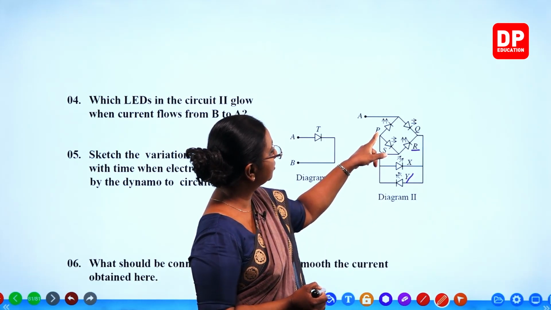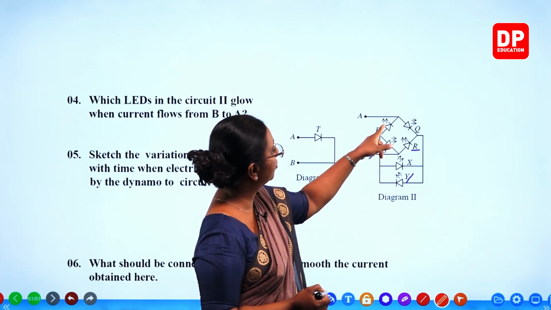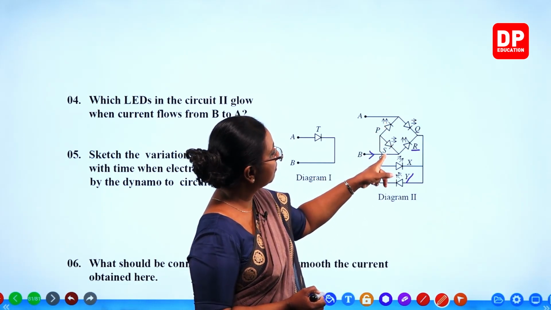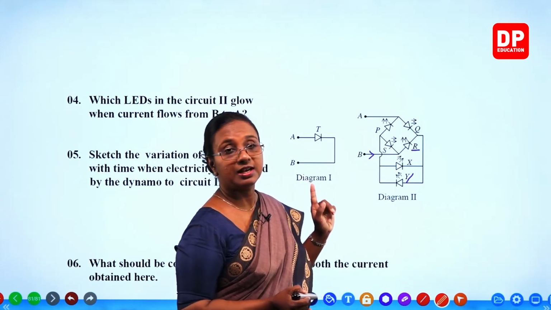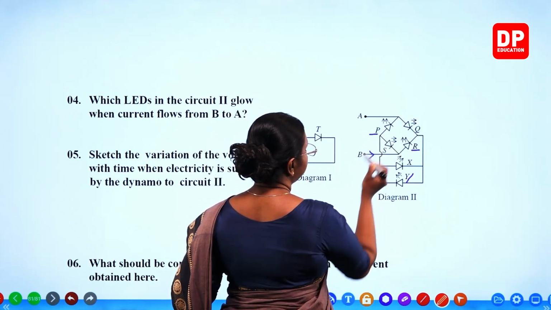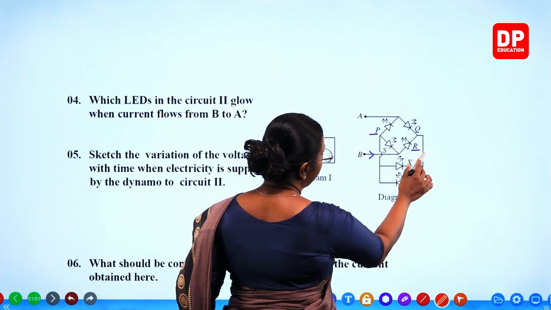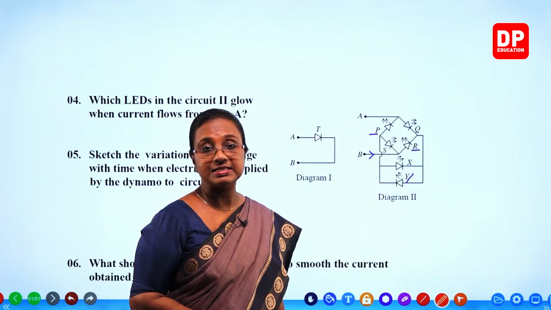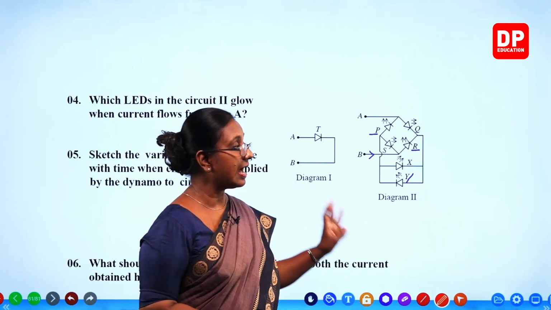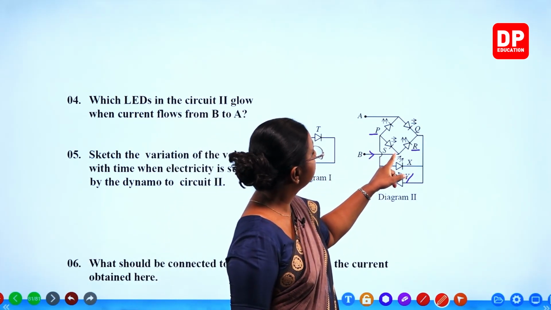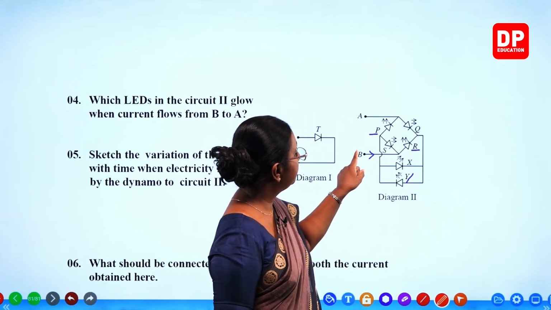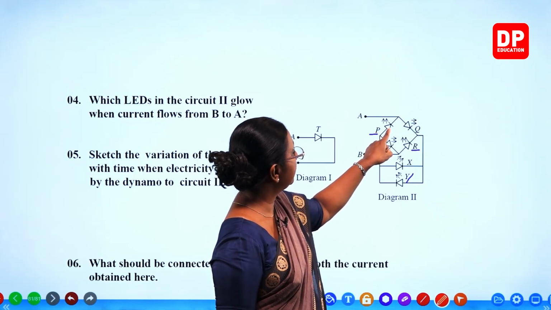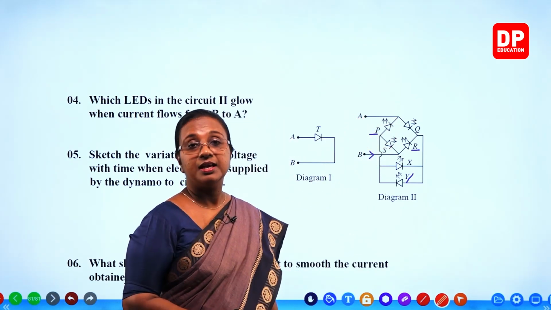Then it will come back to point P where you have both P and S. So, out of P and S, S does not allow current to flow. So, it is P. So, P, R and Y are going to be the forward biased LEDs. All three of them will light when current flows from B, then to R, then through Y, then it will go through P to point A. Is that clear?